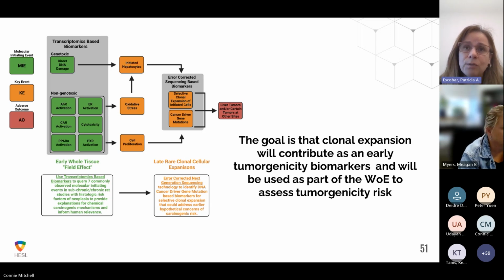The idea is to at some point try to validate both or have both endpoints as part of a weight of evidence in order to assess tumorigenicity risk, and how we are with that. I know that the transcription is much farther along. You guys have been doing this for a little longer and have a little more validation with studies. We're starting, but it doesn't mean that it's not complementary in that big weight of evidence about these biomarkers. Next slide.